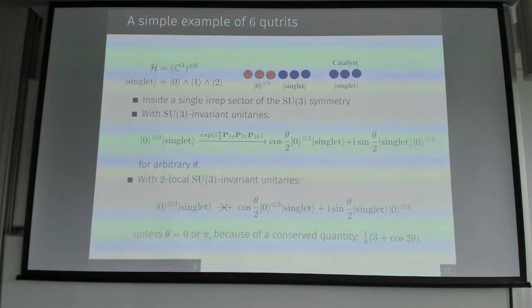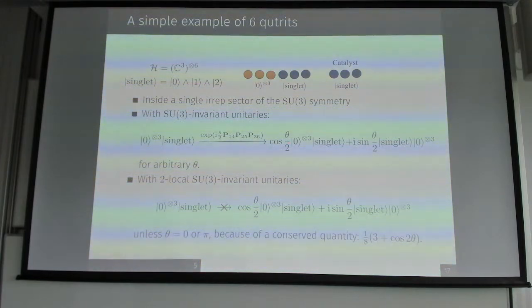It turns out that if we have generic SU(3) invariant unitaries, this state transition is possible for arbitrary theta, and it can be realized concretely using this unitary, where P14 is the swap Hamiltonian which exchanges the first and the fourth site, and similarly for the other ones. However, this Hamiltonian simultaneously acts on 6 sites. So it is local, but it's not 2-local by our definition.